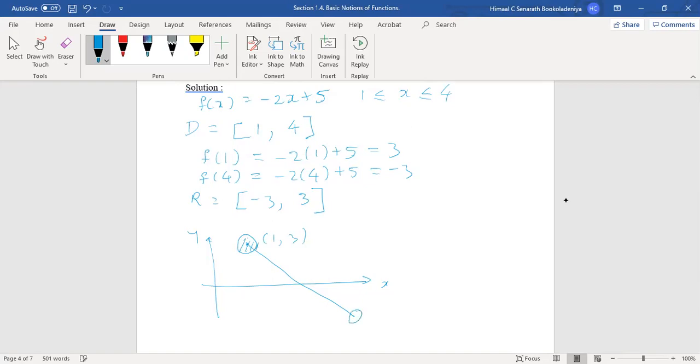This other point is 4 comma negative 3. See, domain is x value. This x value is 1 and this is 4.